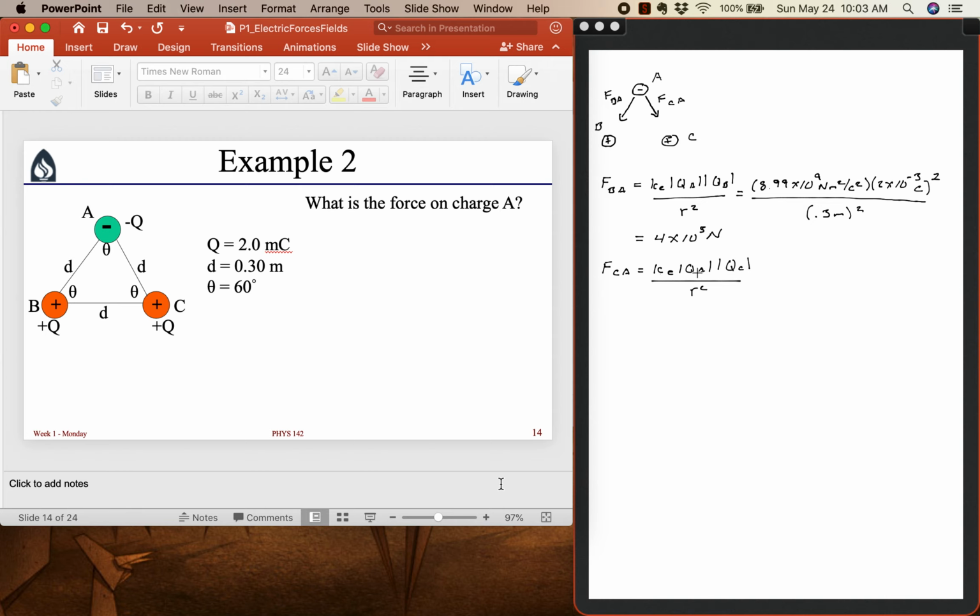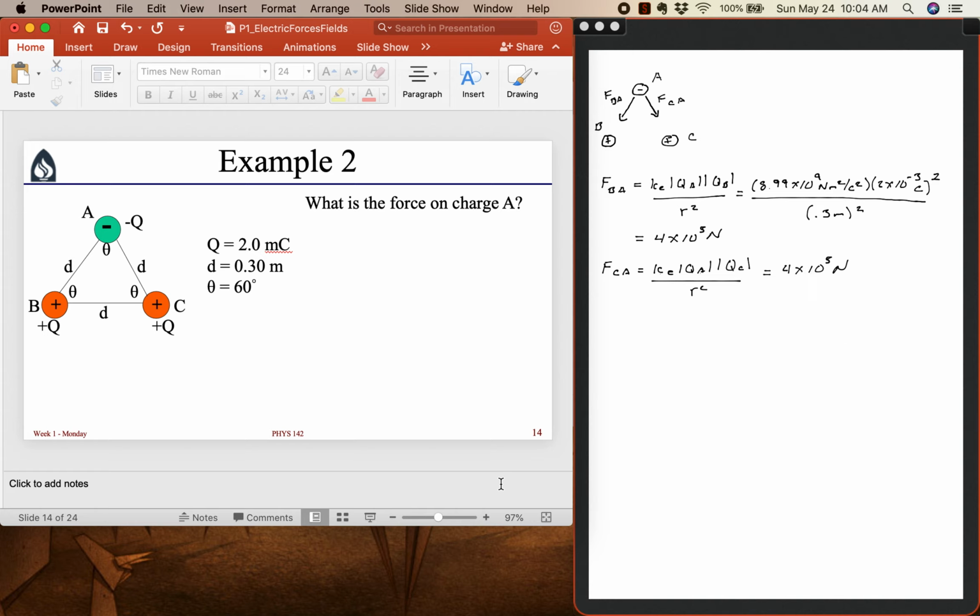Coulomb's constant's the same. QA is 2 millicoulombs, QB is 2 millicoulombs, r is 0.3 meters. So I'm going to get the same exact number for the force of C on A as I did for B on A. So this would also be 4 times 10 to the 5th newtons.